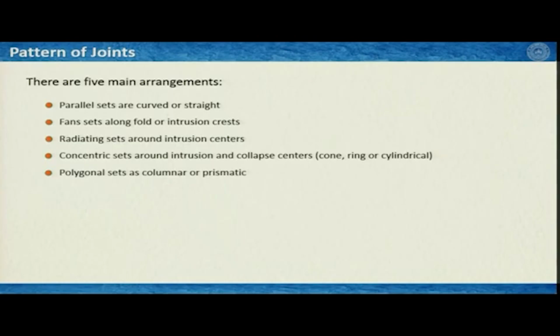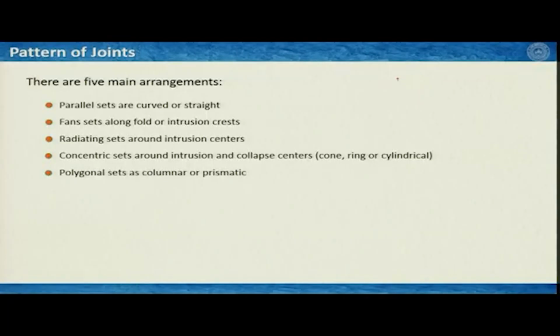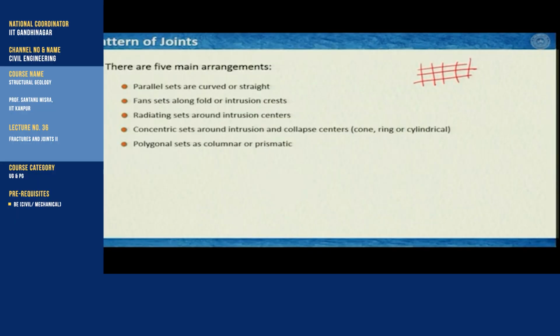Now, patterns of the joints, you can actually see many different types of joints. So, joint sets, that means their relationships with the neighboring joint planes. So far we have seen that most of the joints are parallel like this, or sometimes they have an angular relationship. So, these are parallel sets and this could be curved or straight.